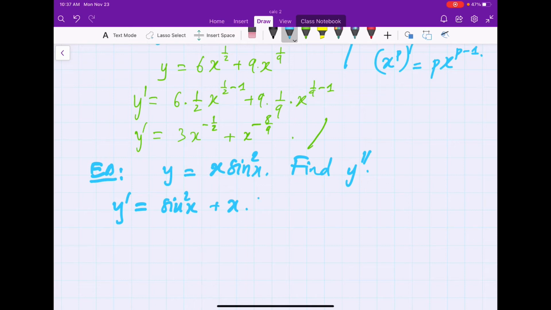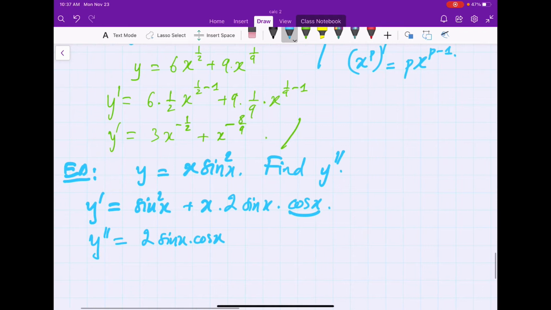So that is 2 times sine of x times cosine of x, because the inside function is sine, and the derivative of the inside is cosine. And then you differentiate one more time. Derivative of sine squared, again by the chain rule, you get 2 sine x times cosine x.